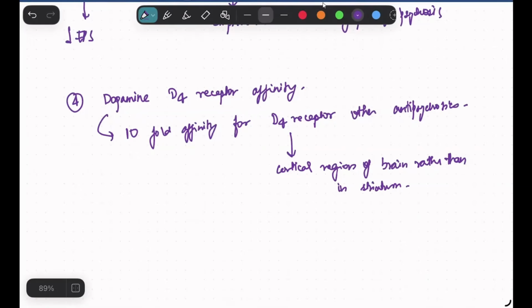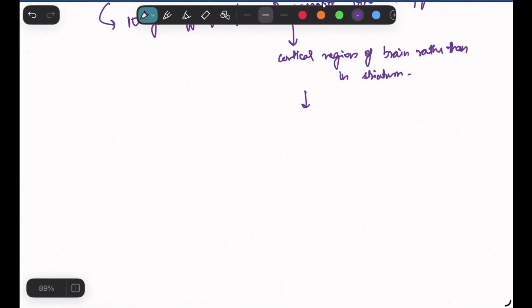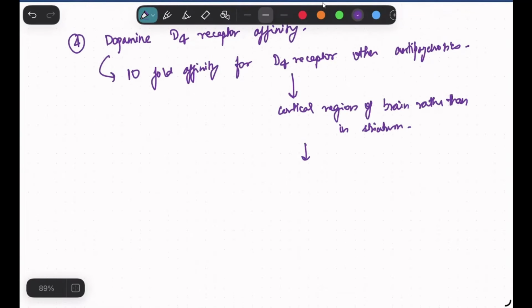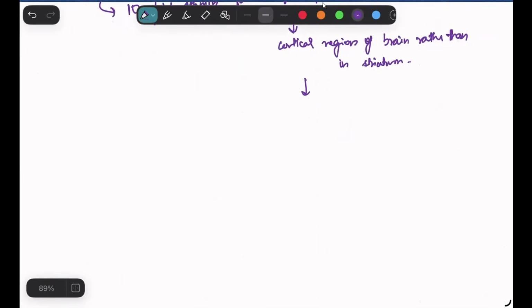But even so, the clinical relevance of D4 is still not known. Just for the fact's sake, I'm telling you that it has a tenfold affinity for D4 receptor as compared to other antipsychotics.